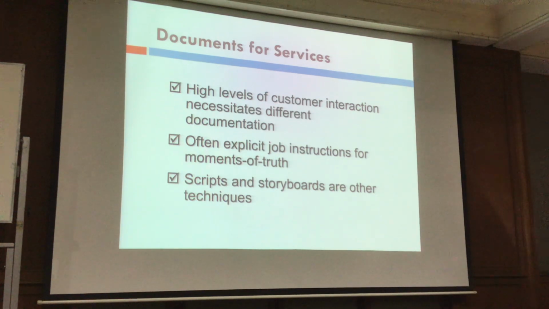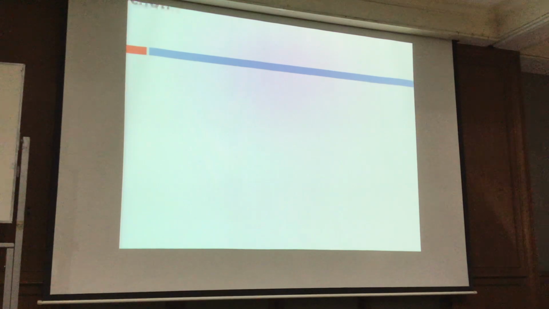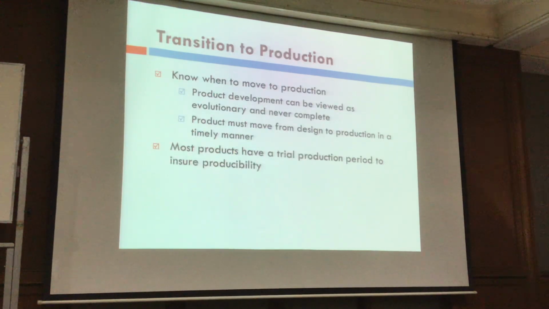Lastly, for today, besides what we talked about on the new issue of the design and development of products and services, one thing that is very important is when you make the design and then make the transition to production. This is quite an important moment, because when you move to production, you need to move in a very timely manner.